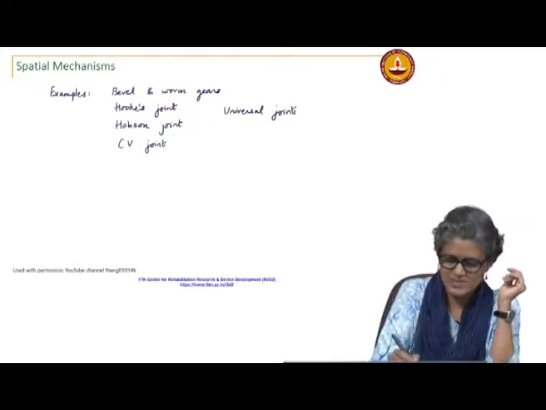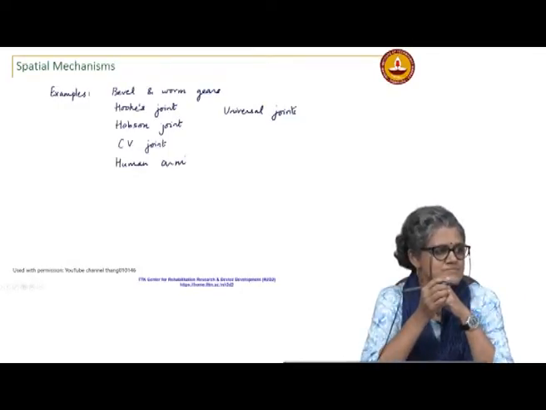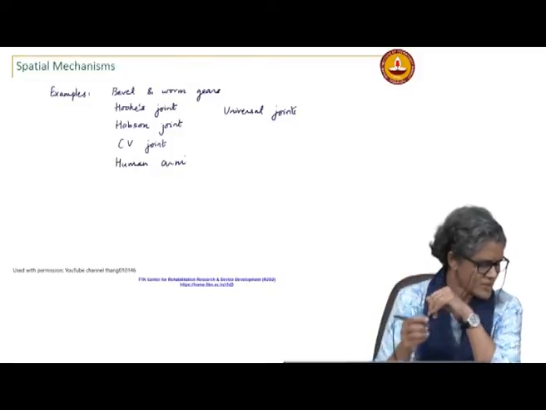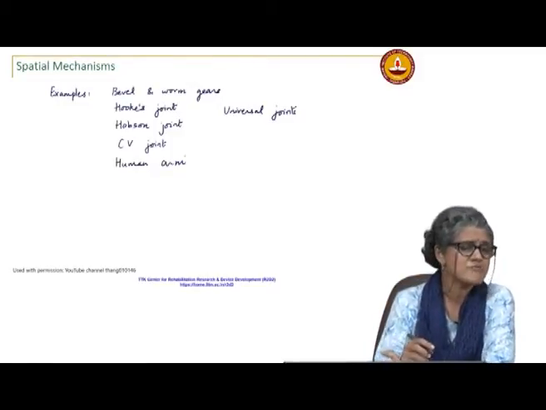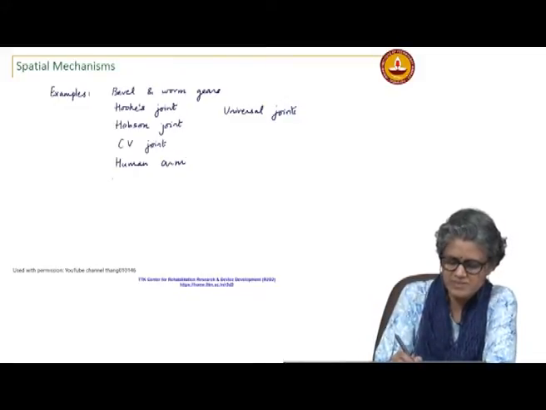So, the human arm is another good example of a spatial mechanism. Then you may have heard of Stewart platforms; they are parallel manipulators.